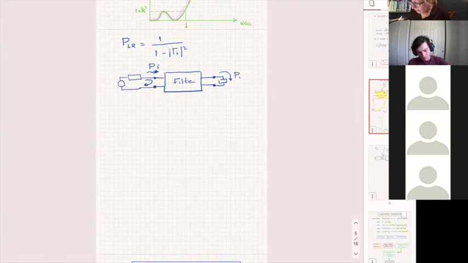All right, after the initial reflection. So let me call that the transition power or the transfer power.